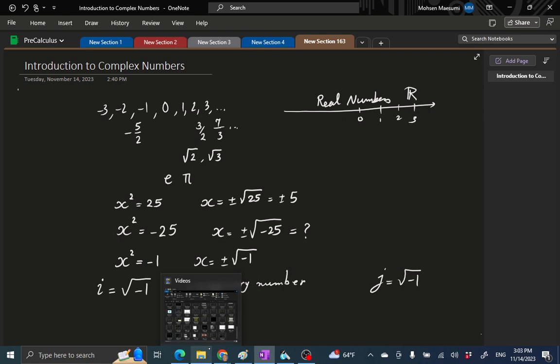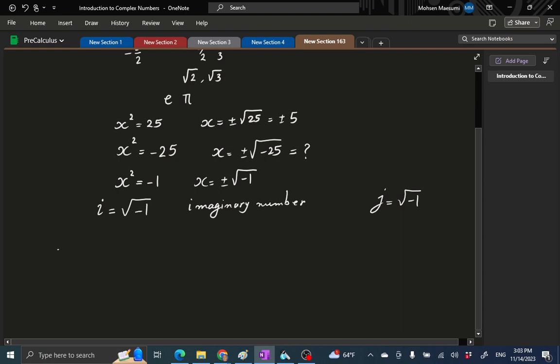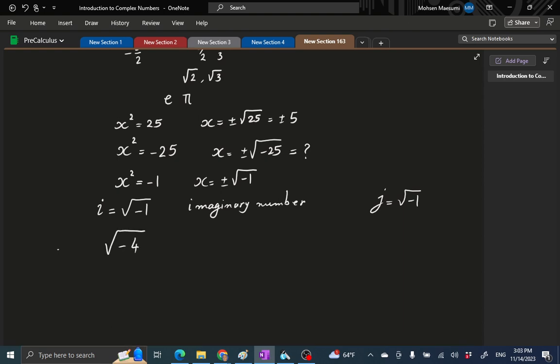But at any rate, if you have the square root of a negative number, like square root of minus 4, we can write it as square root of minus 1 times 4, and that is square root of minus 1 times square root of 4.